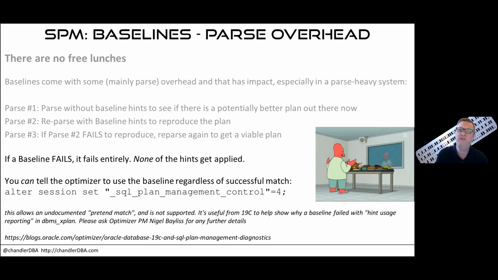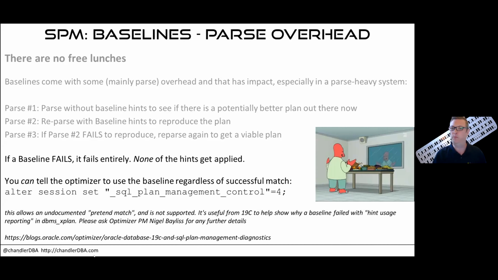And if a baseline fails, it fails in its entirety. None of its hints get applied, and that can make it very, very difficult to determine what's going on or why it failed. You can tell the optimizer to use the baseline regardless of whether it actually works.